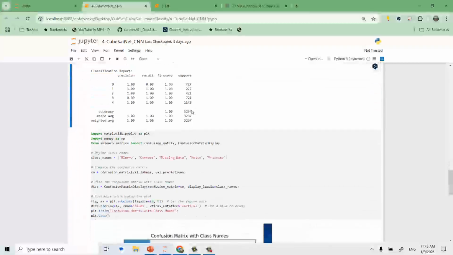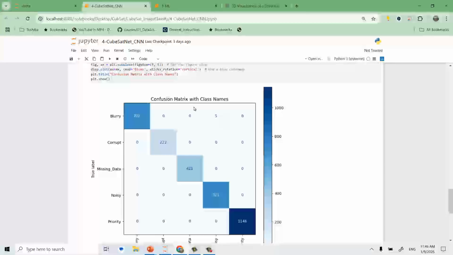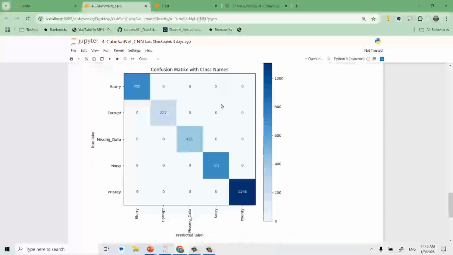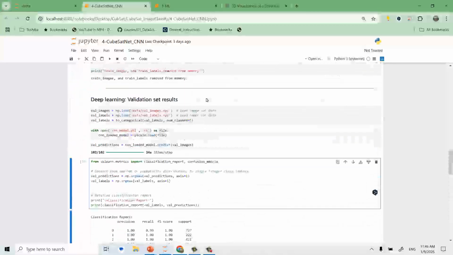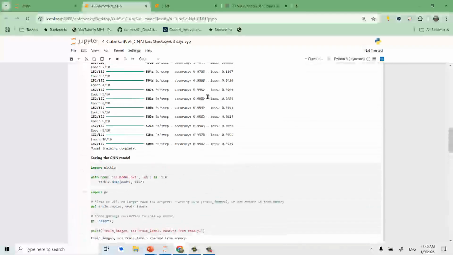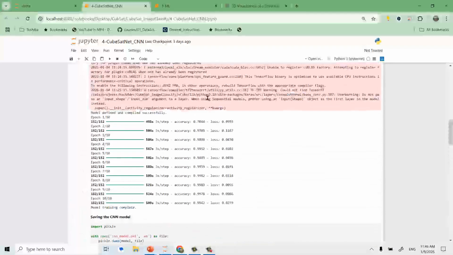So if I look down here at the confusion matrix for validation, you can see how many wrong instances there were. There are only 5 wrong instances out of however many total data images there were. You can calculate what the accuracy was in this case. So this accuracy is consistent with the accuracy that you got from your training. So always cross-check. Always ask yourself, do these numbers make sense?